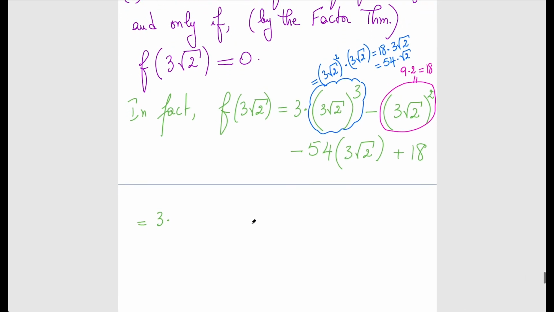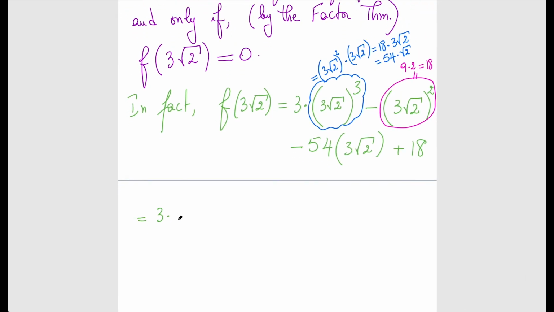Alright, so back here now. 3 times the blue guy, which is 54 square root of 2, minus the pink guy, which was 18, minus, let's go back to the green, minus 54 times 3, right? 54 times 3 is 162 square root of 2 plus the 18.